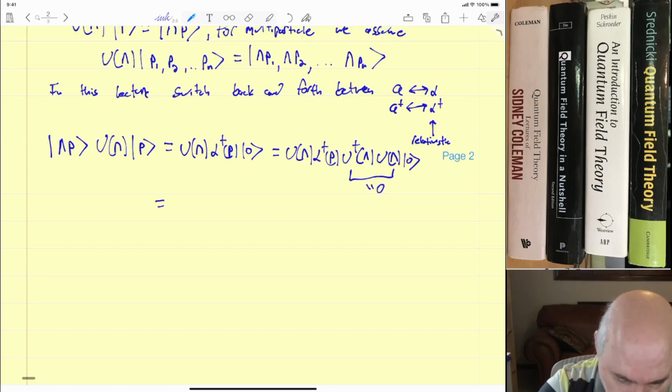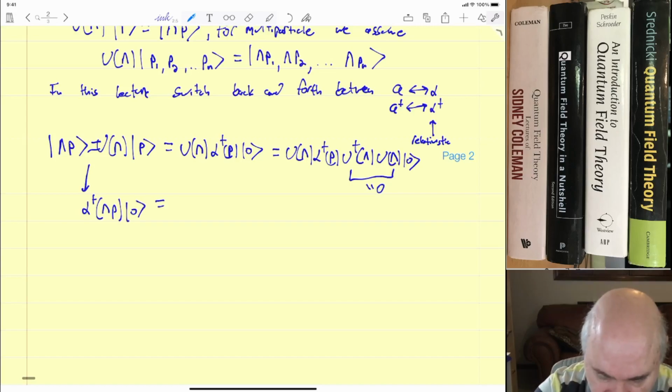By the way, this part on the left-hand side is just alpha dagger lambda p acting on the vacuum. Again, we create a single particle state with the transformed momentum, lambda p.